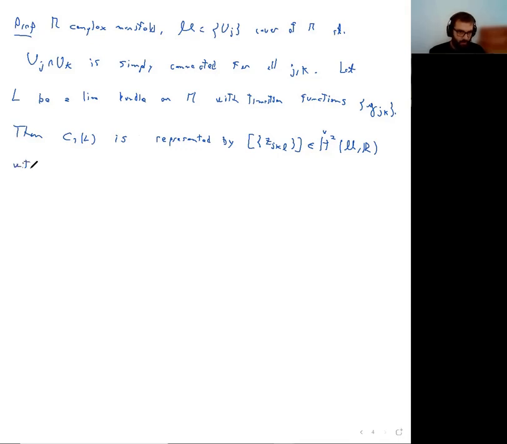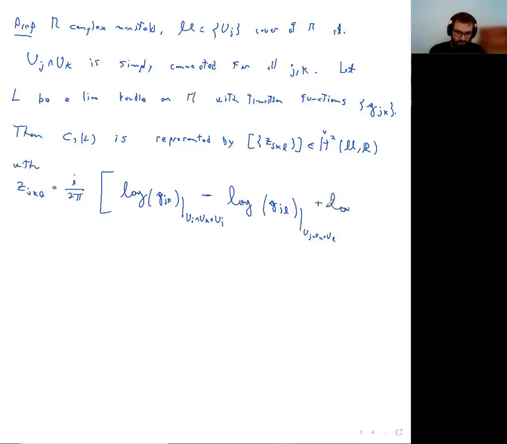Right. And what is this z_jkl? So this is i over 2 pi times the logarithm of g_jk restricted to U_i intersected U_k intersected U_j, minus the log of g_jl restricted to U_j U_k U_l, plus the logarithm of g_kl restricted to U_j U_k U_l, where log is any fixed holomorphic logarithm.